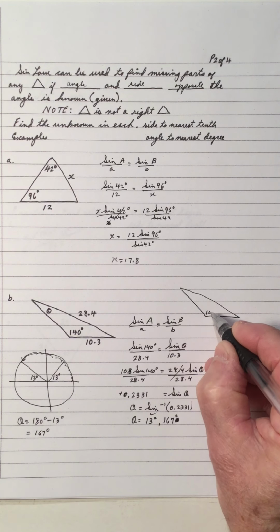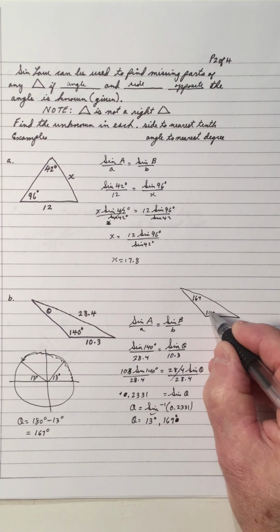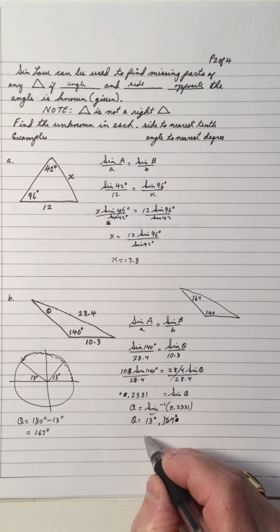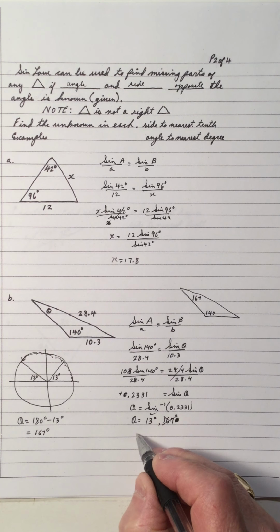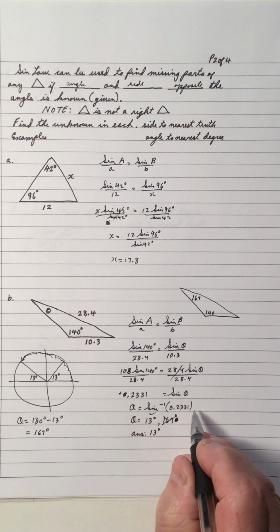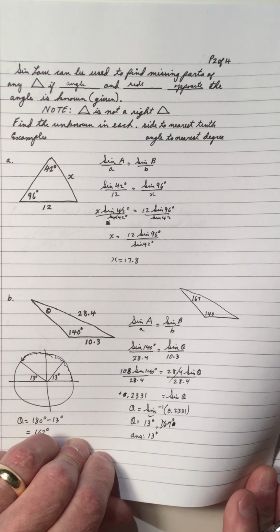So this angle is 140, and we put 167 in here. Notice this adds up to 307. So that means this angle can't be used. So the answer for theta is just 13 degrees. Got to be careful when you find an angle using the Sine Law.